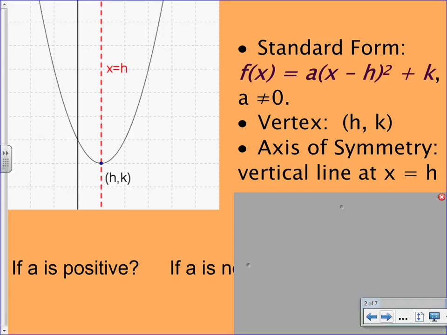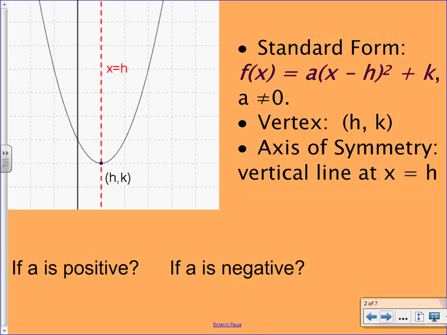So since it's a vertical line, okay, cutting through (h, k), we're going to call it x equals h. x equals whatever that x coordinate is of our parabola. So in your homework, it will ask you to identify the vertex and axis of symmetry often. Okay, whether it be you have a graph or you're just looking at the equation. Okay, these are two things you need to be able to pick out.